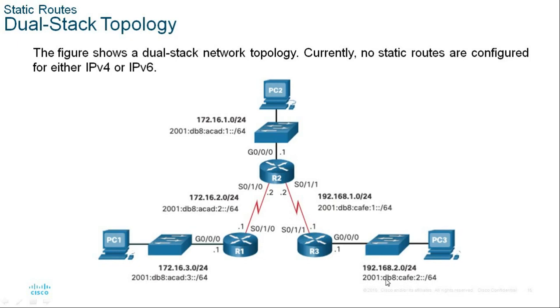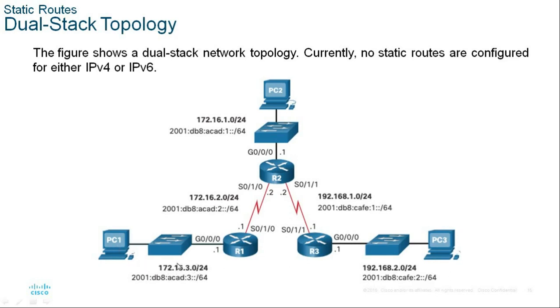Just understand the whole network, then only we go for configuration; you will feel it is easier. Next is 2001:DB8:CAFE, with CAFE 1 network and CAFE 2 network.